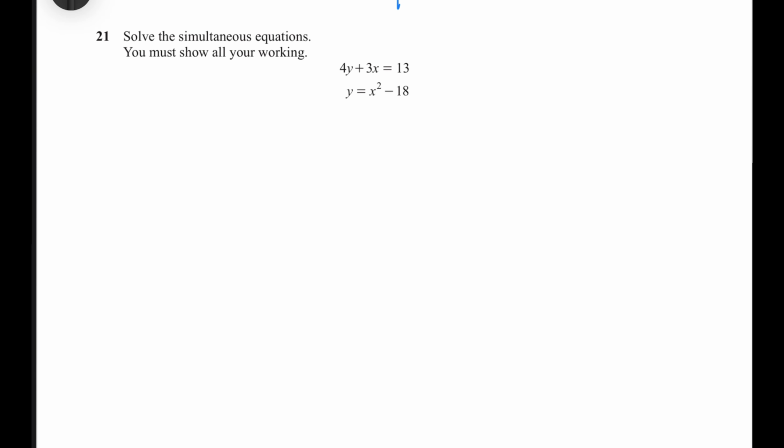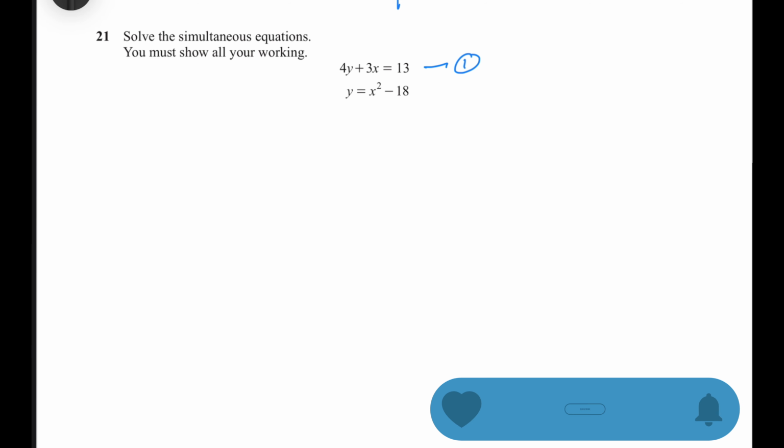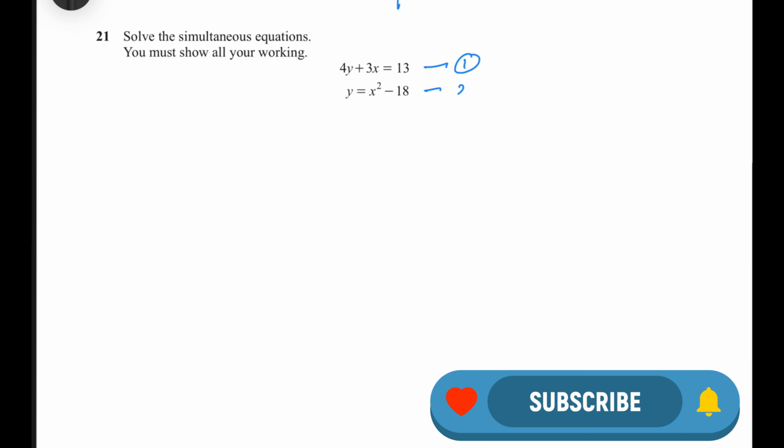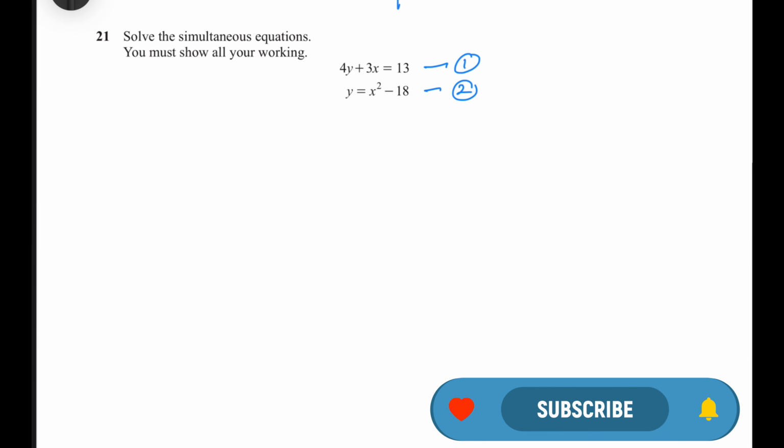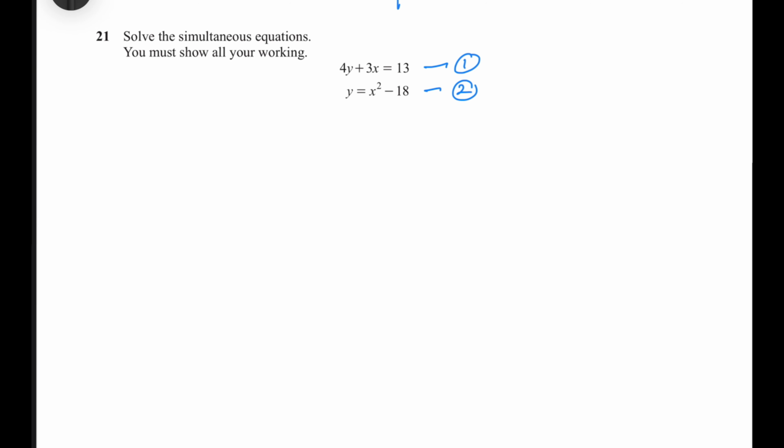Question 21. Solve the simultaneous equations. You must show all your working. We can write this as equation 1, which is 4y plus 3x equals 13, and this is equation 2, which is y equals x square minus 18. What we are going to do is substitute equation 2 in equation 1.